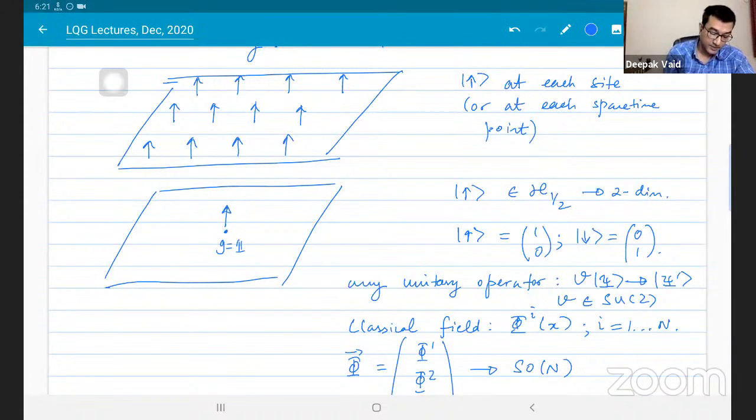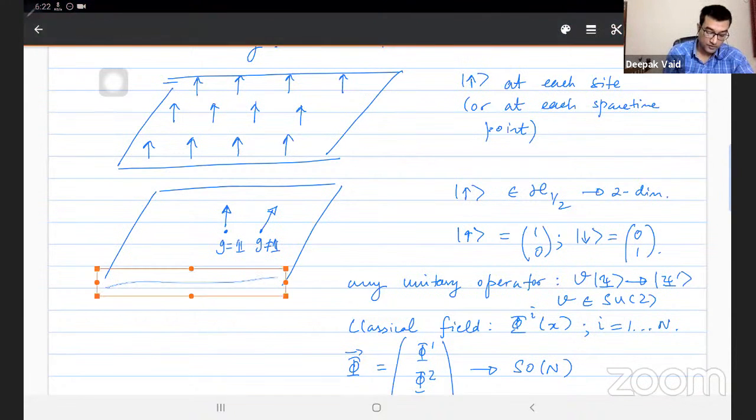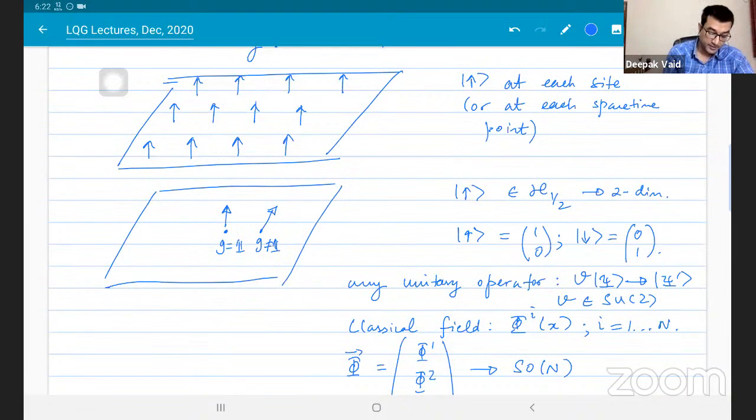But then you look at a slightly different location, and here G is not the identity. Then compared to the spin at this point, this spin is rotated. Now, the key statement here is: compared to the spin at the other point.